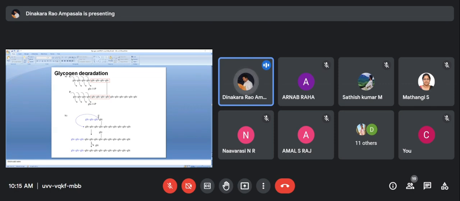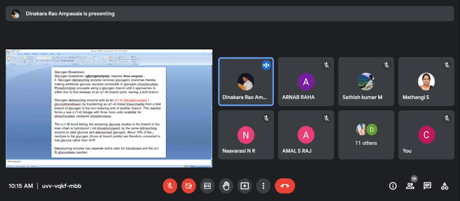Those are the branching chains. So this is another one, the debranching enzyme, the second enzyme.